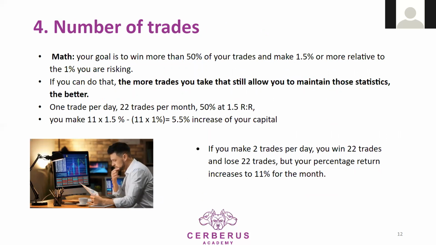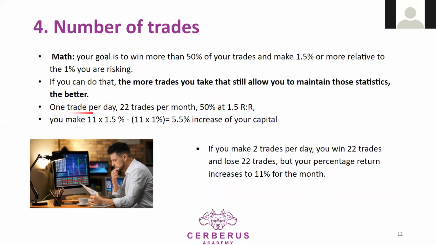Okay, so let's do a bit of math. If our goal is to win more than 50% and to have more than 1% in reward against the 1% that we are risking, if we can do that, statistically speaking, the more trades you take, the more profit you will have.